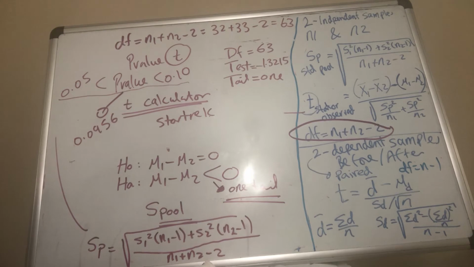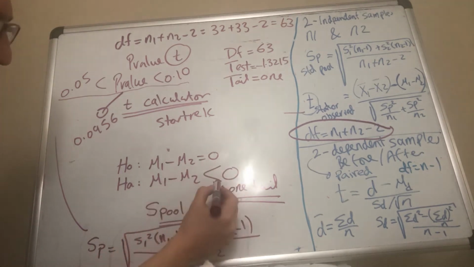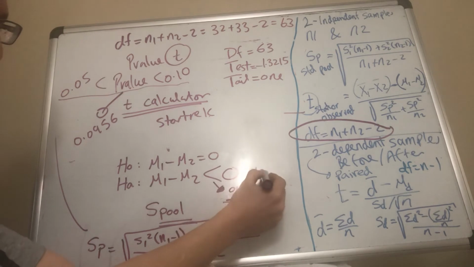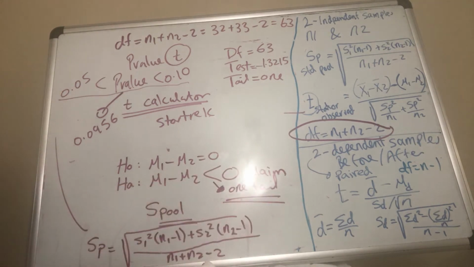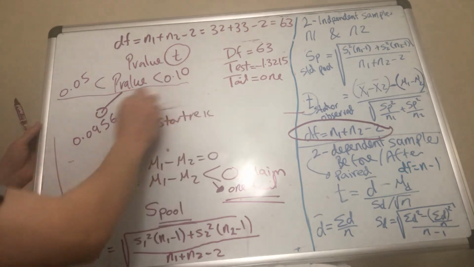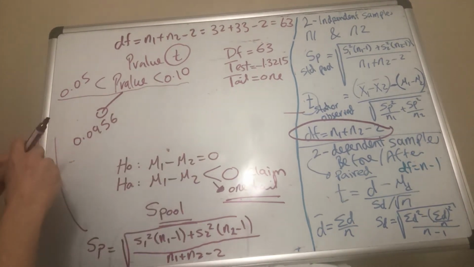Now the last question. After finding your p-value, you need to know if you're supporting the claim. Remember, the claim is the fact that it's being less. So the claim is HA. Now I'll write again, I did this earlier.